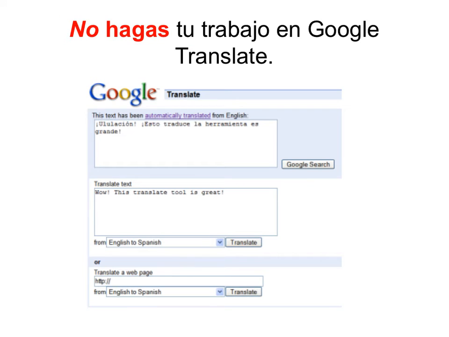No hagas tu trabajo en Google Translate. No hagas. Es el verbo exactamente igual a los mandatos. Perdón, el subjuntivo, ¿no? Hacer, hagas tu trabajo, porque estamos hablando en la forma de tú. ¿Entienden? No hagas.